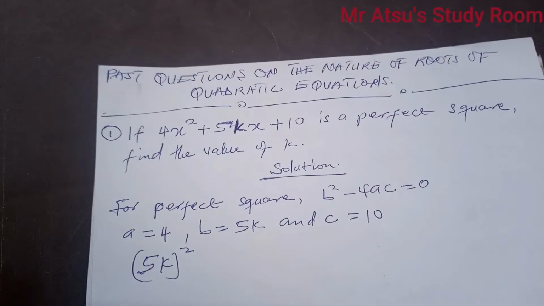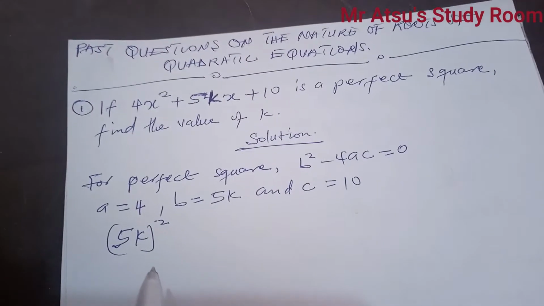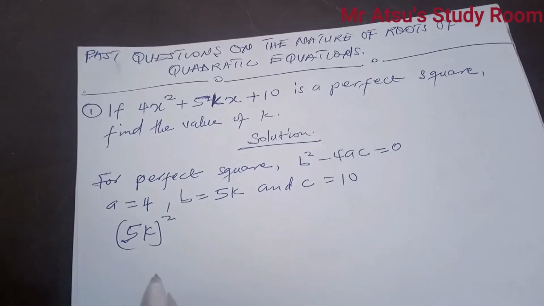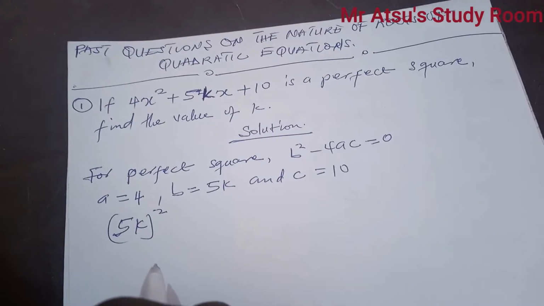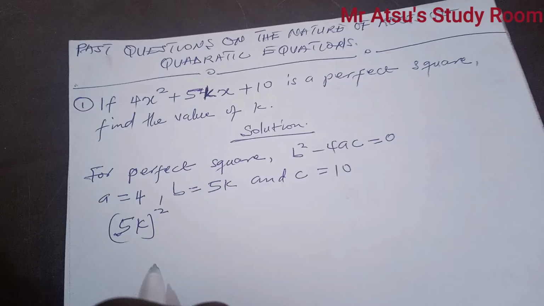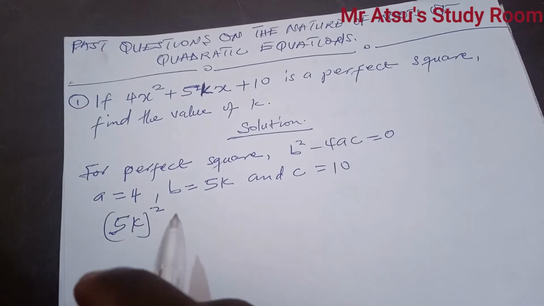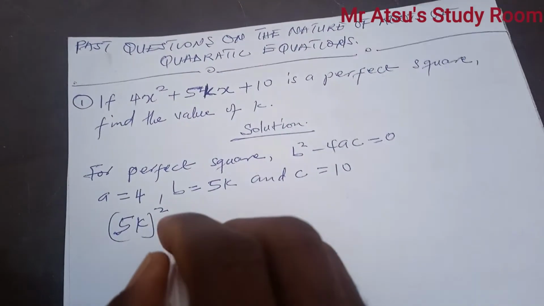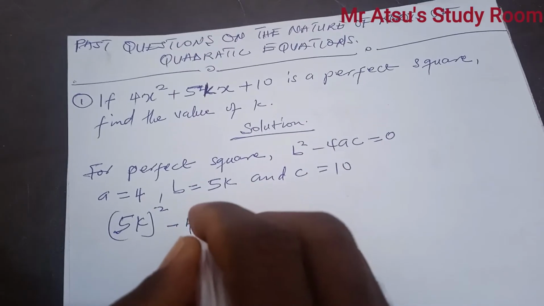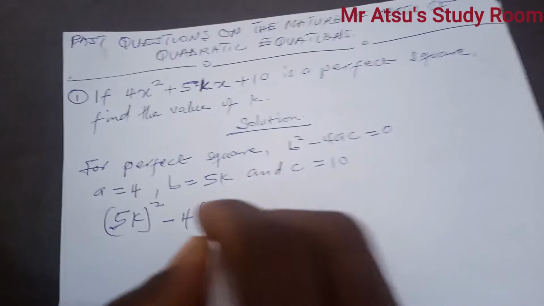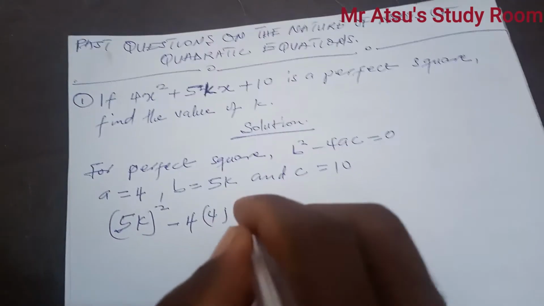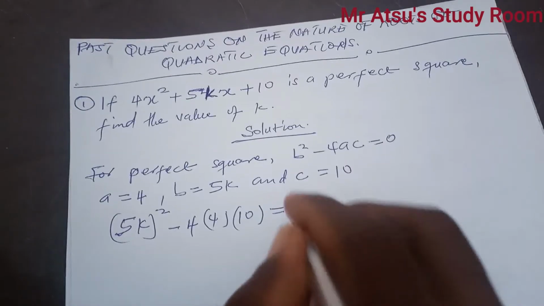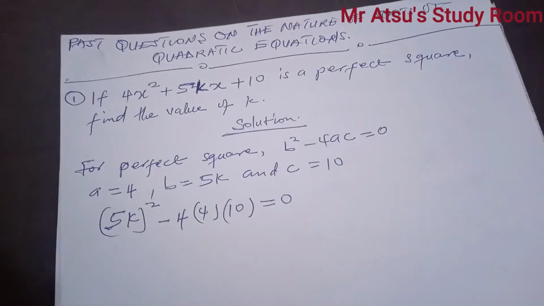We need to put the 5k in parentheses, because if you don't do that, it means that it's only the k that is being squared. But the b is not k, the b is 5k. So we need to square both of them by putting the 5k in parentheses. Minus 4, our a is 4, and our c is 10. Should be equal to 0 if the expression is a perfect square.